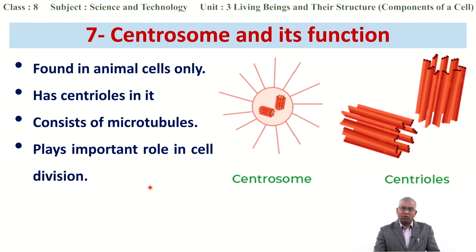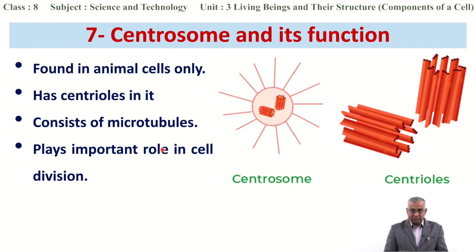It plays an important role in cell division. So you may ask, what is that important role? In fact, their role is to pull chromosomes to different poles. What is a pole? What are chromosomes? About chromosomes you will study in the structure of the nucleus, maybe in detail in the next class, but today you will become familiar with chromosomes. Okay. So that is about the centrosome.